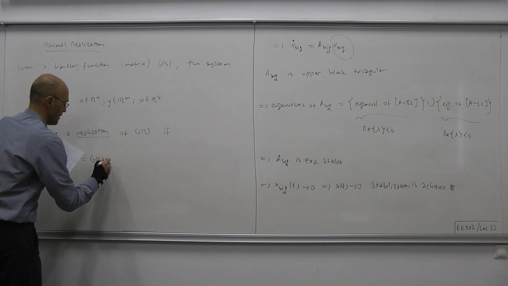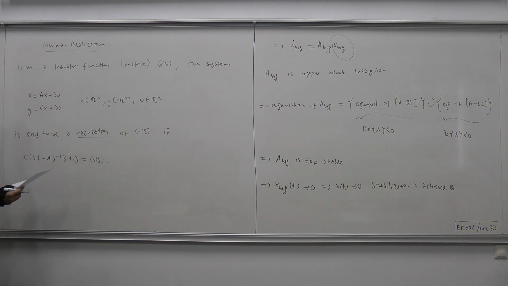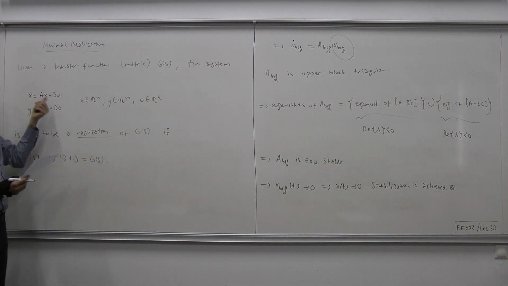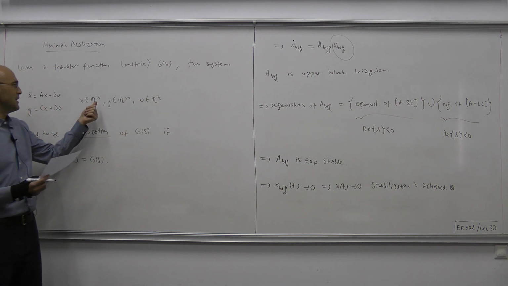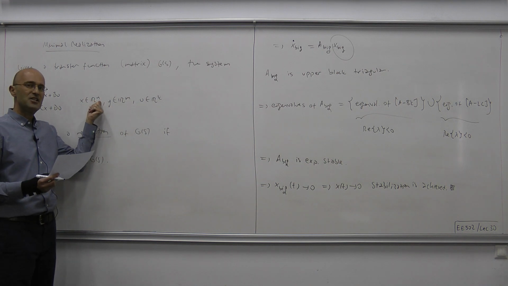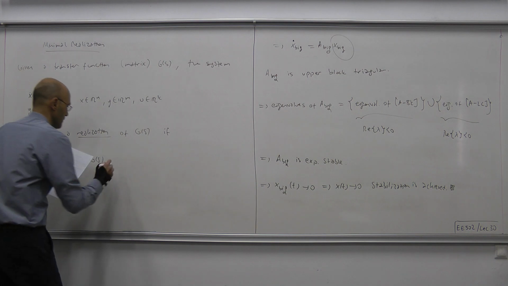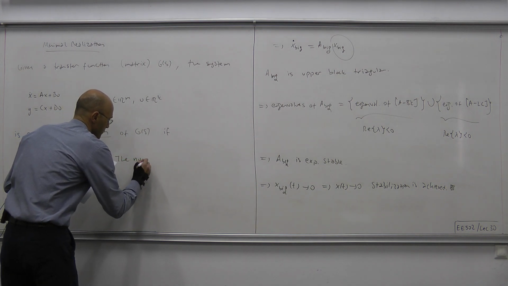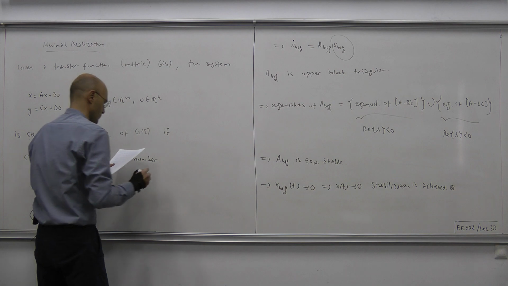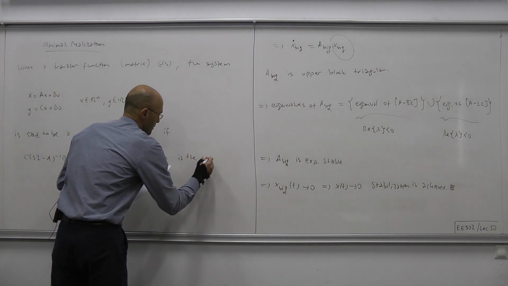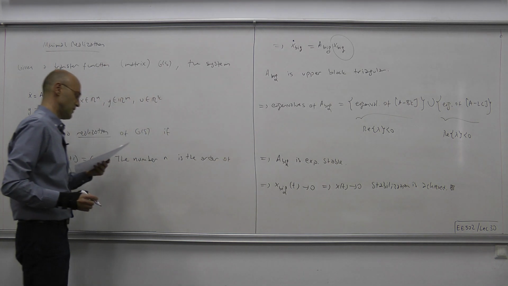Now, when for a given transfer function we obtain these four parameters A, B, C, and D, the order of the system, n, is said to be the order of the realization.